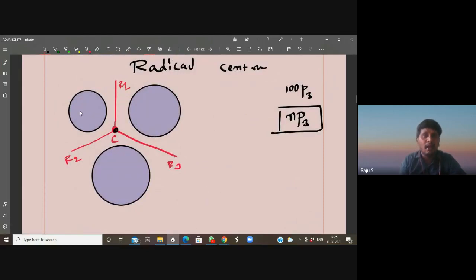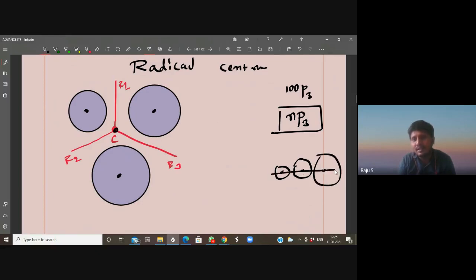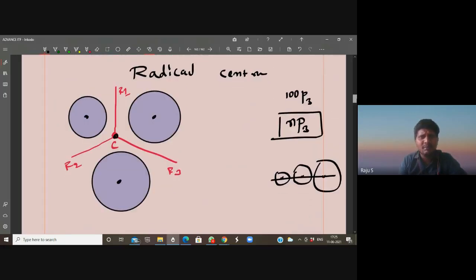Also, to get the radical center, the centers of the given circles must be non-collinear. If all the centers of the circles lie on the same line, will a radical center exist? Never. It does not exist.